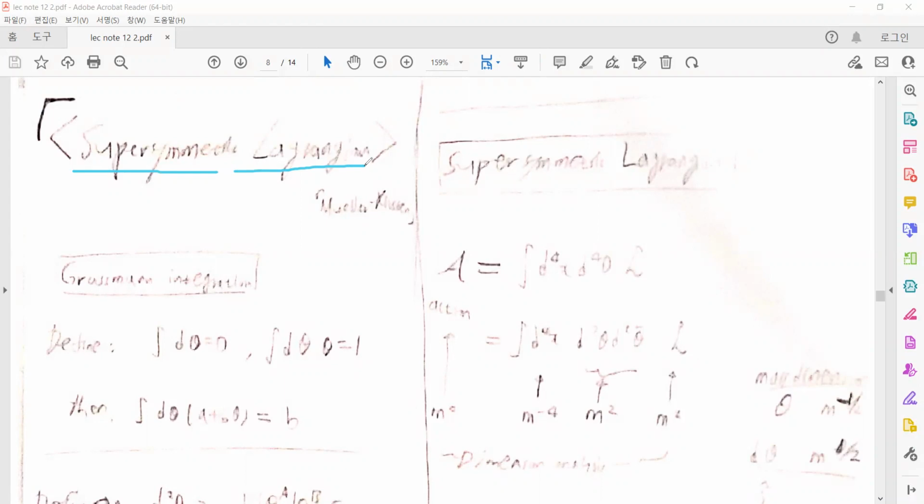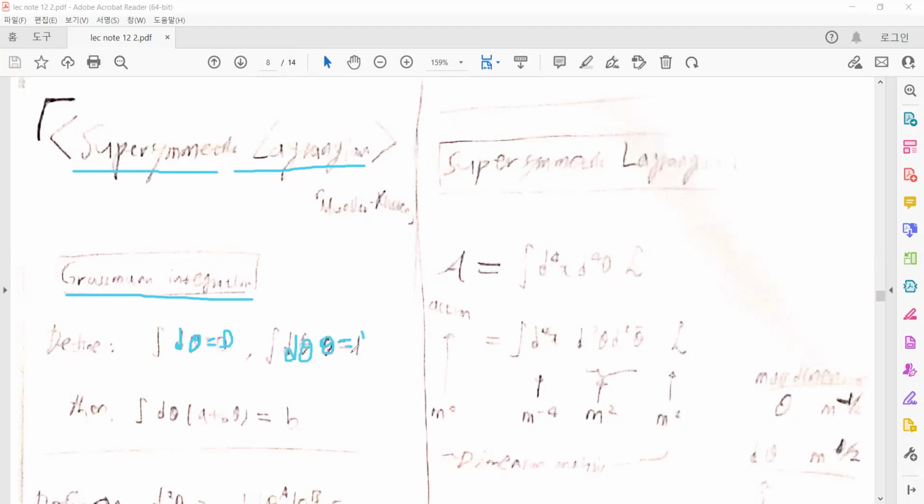Before constructing such Lagrangians, we want to define the integration, especially since the superfield is defined on the superspace, which has variables that are Grassmann numbers. So we choose to define the Grassmann integral. The Grassmann integral of the variable theta is equal to zero, and the integral of theta times theta is equal to 1.